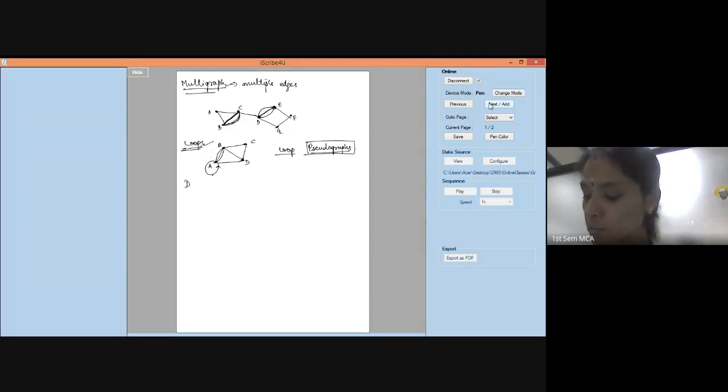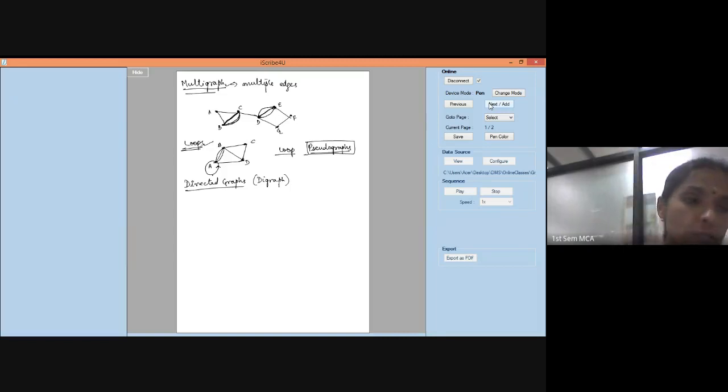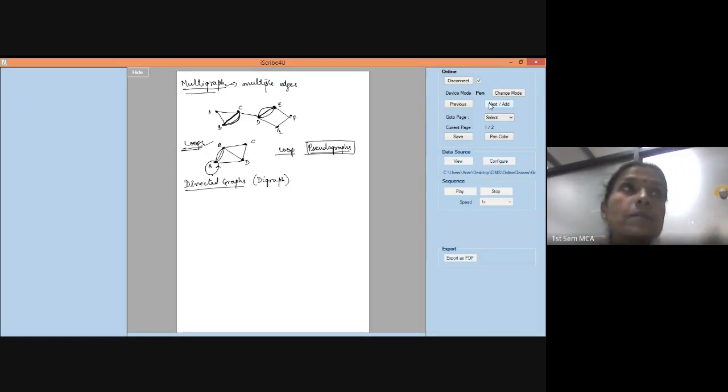Now let us move on to the next one, which is called a directed graph. Directed graphs are also called digraphs. We have seen this in the representation of relations. You remember that? How do we represent a relation using a directed graph? We have looked at directed graphs there also. This is going to contain a set of not just edges, but directed edges or arcs.